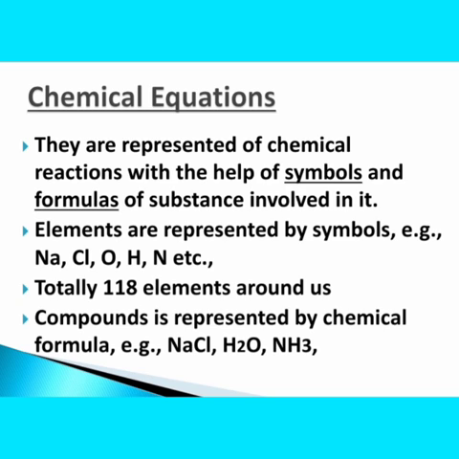Here you can see 2 different elements: sodium is one element and chlorine is another. They constitute to form one compound, sodium chloride, NaCl. So it is represented by a chemical formula. Remember this: elements are always represented by symbols, whereas compounds are represented by chemical formulas. Examples: H2O, water, and ammonia, NH3. These 2 are represented by chemical formulas.